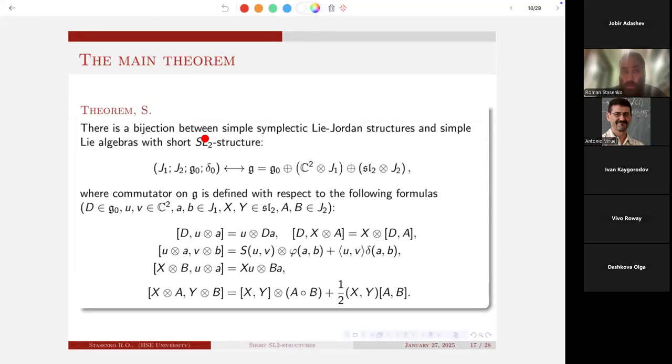So in the previous year, I proved such a theorem that there is a bijection between simple symplectic Jordan structures and simple Lie algebras with just short SL2 structure, as you can see here, and the structure of the Lie algebra on J is introduced using these commutation formulas.